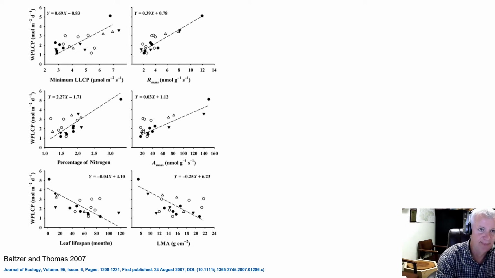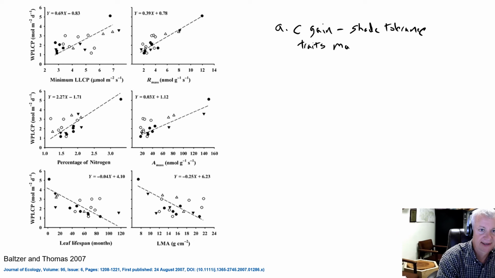And there's a couple of them out there. One of them is carbon gain, that those shade tolerance traits maximize capture and processing of light for photosynthesis.